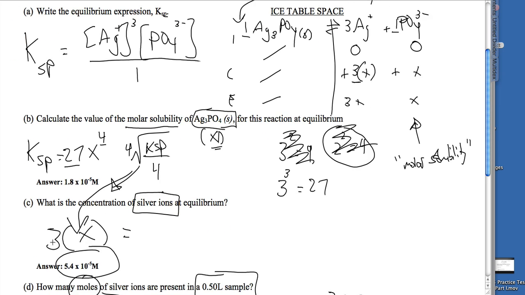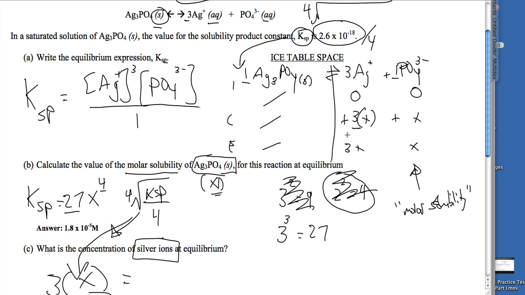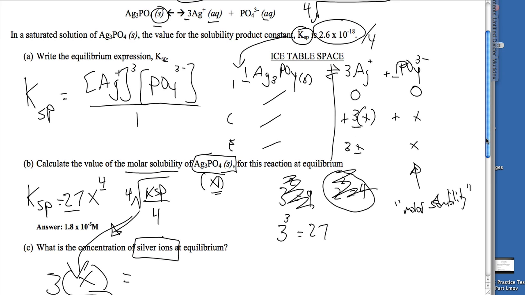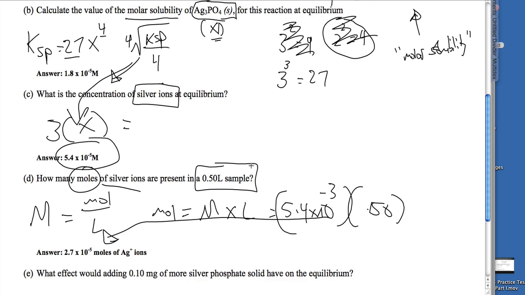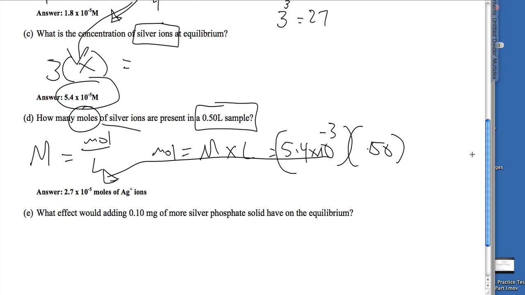This problem asked you for the concentration of silver ions at equilibrium, so we multiplied x by 3, getting that value. They then asked you, for that concentration, what is the number of moles? We simply did that by multiplying the molarity that we calculated here by the liters, and we end up with moles via this equation.